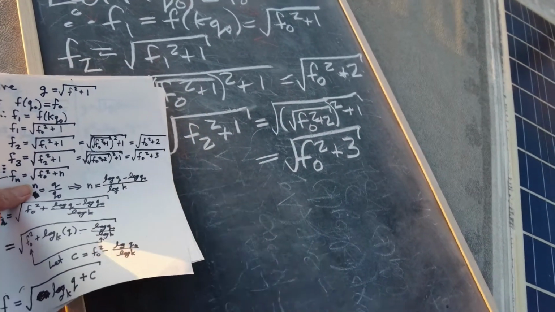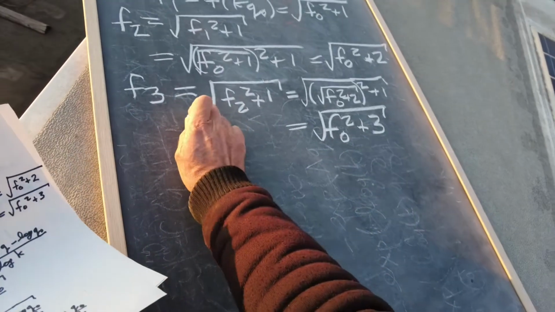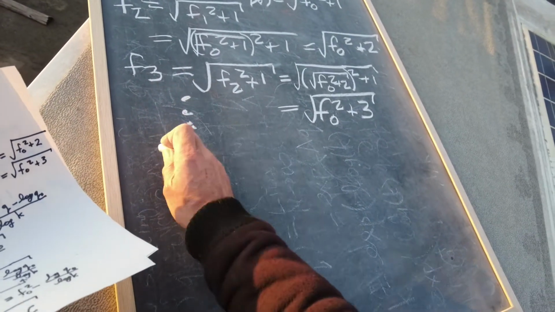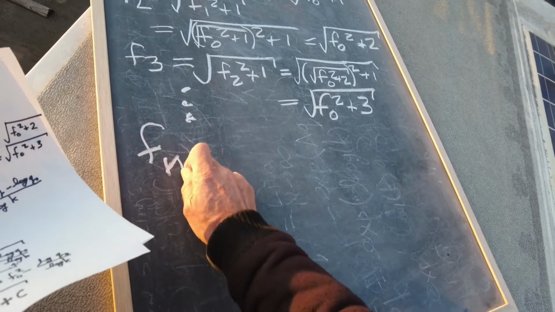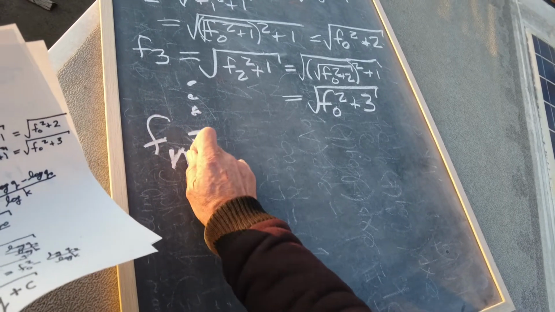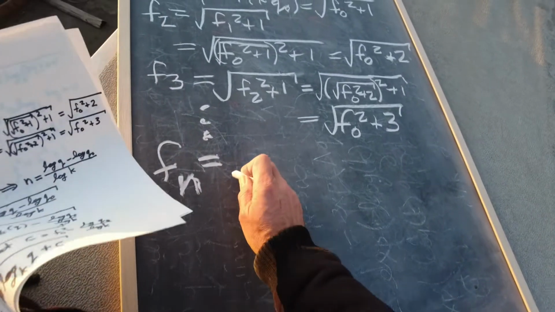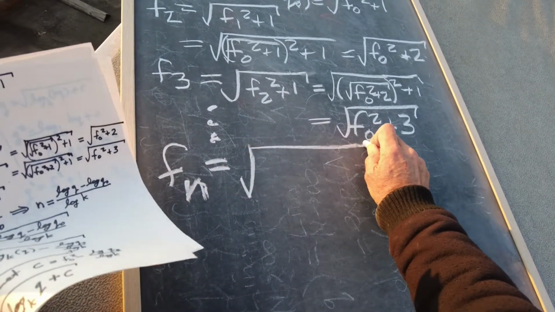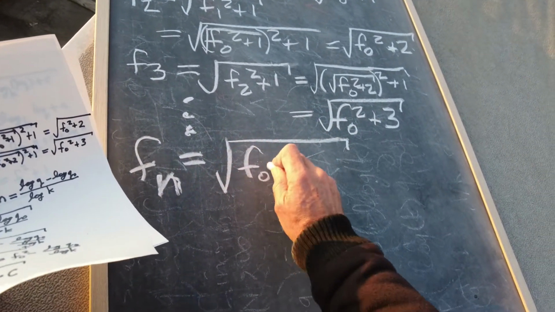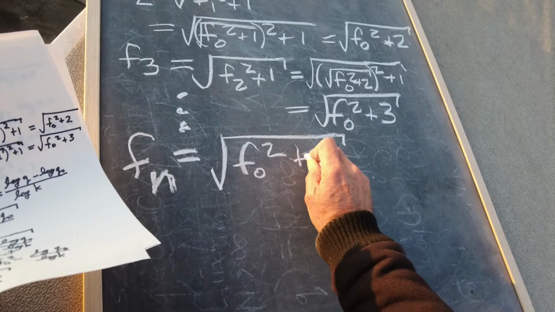And so you can see there's a very simple pattern that emerges: fn, the nth f, is equal to the square root of f0 squared plus n.